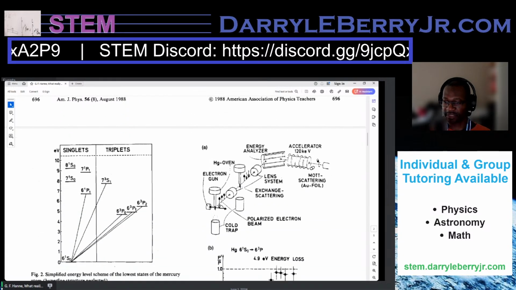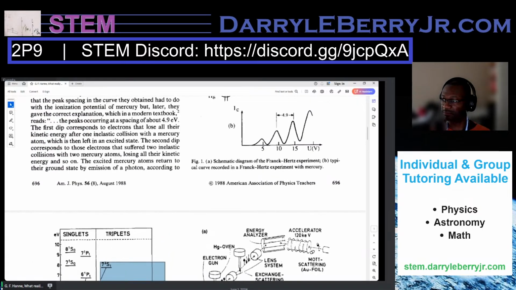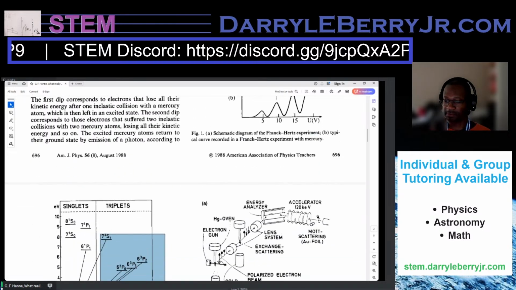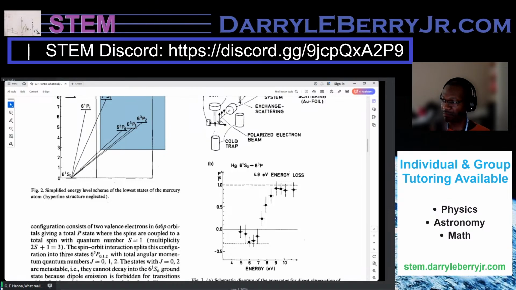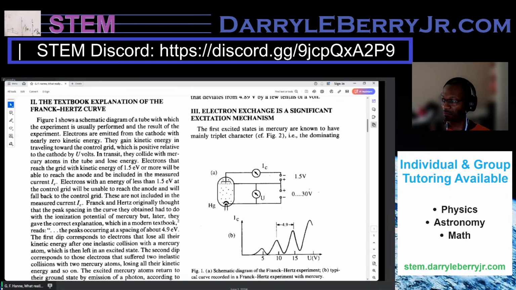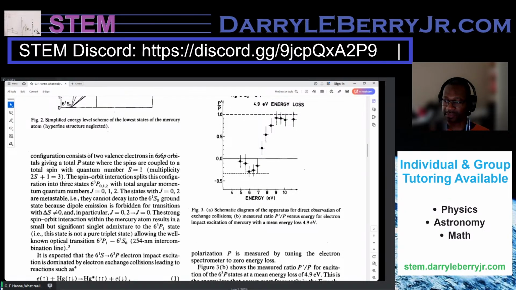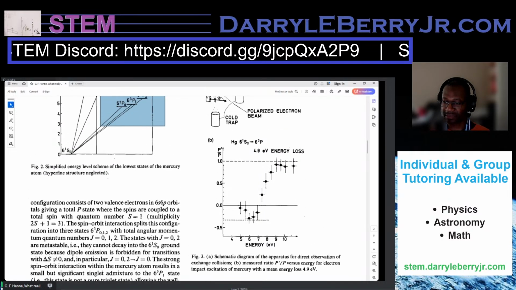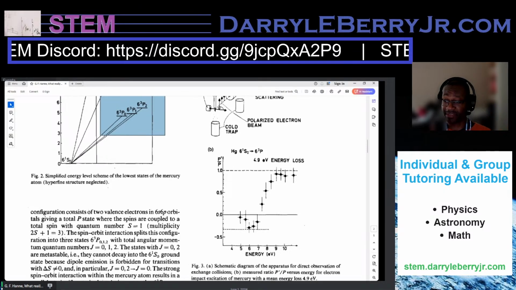So it looks like the first excited state is in this section here, or to clarify, the dominating configuration consists of two valence electrons in the 6s6p orbitals, giving a total P state where the spins are coupled to a total spin with quantum number s equals 1.